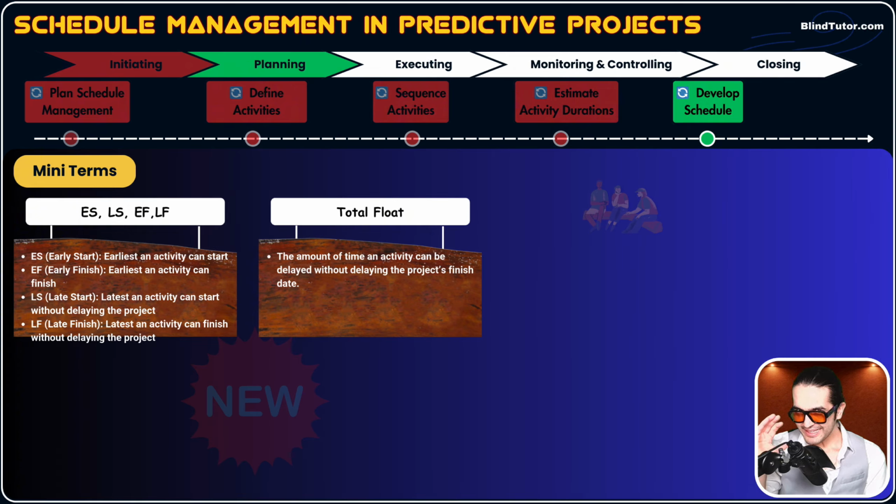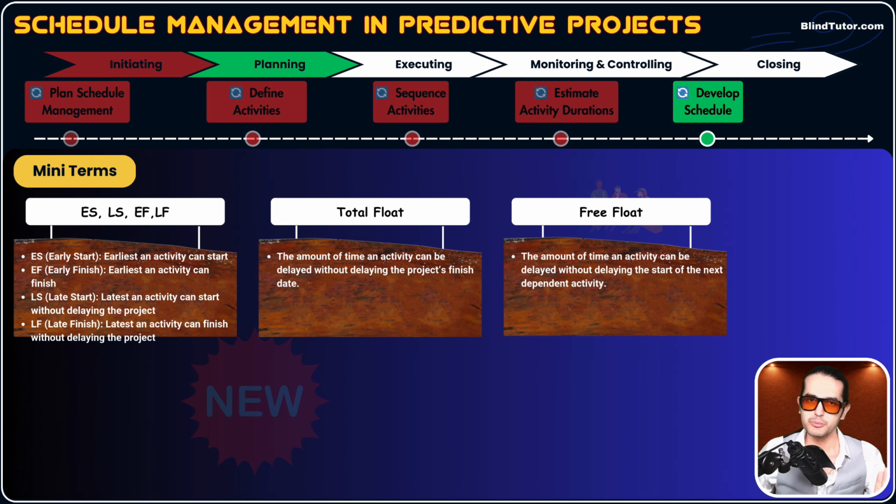The room, that extra time an activity has without delaying the project's finish date. Very, very important. Please pause the video and go through that line again, total float. And if you didn't get it, that's fine, because we're going to have a comprehensive example in future mini lessons.